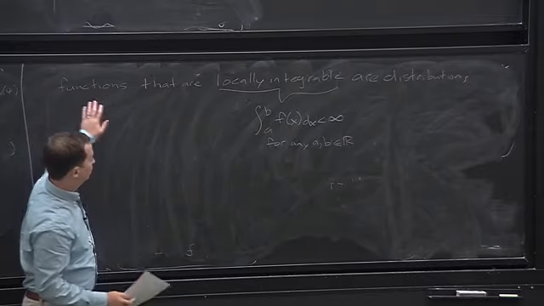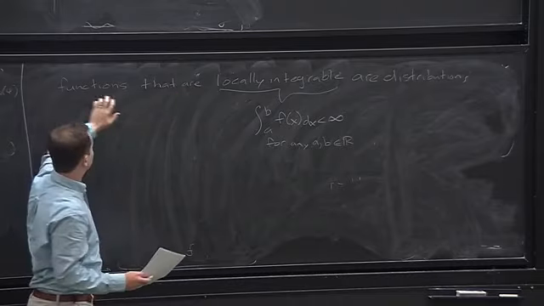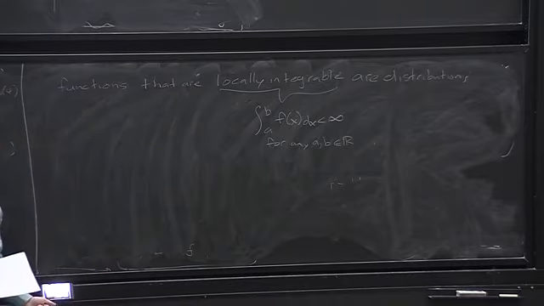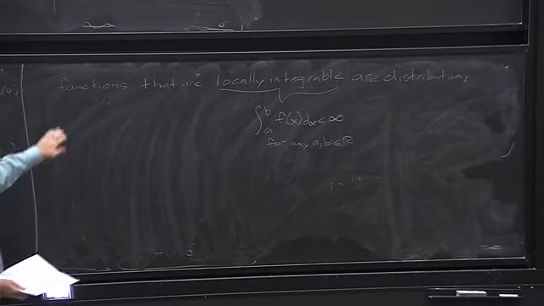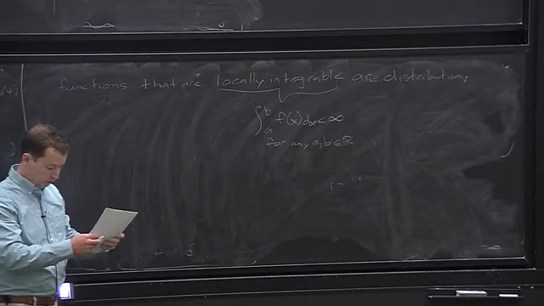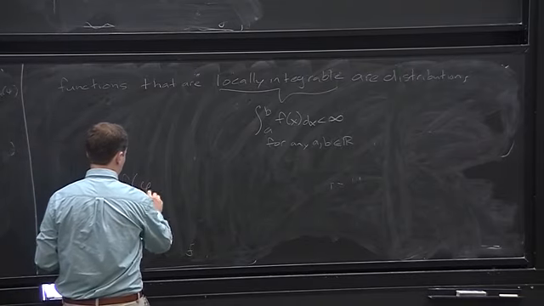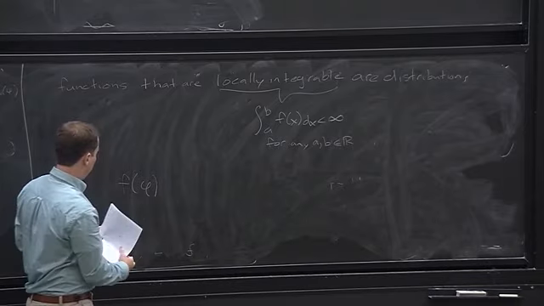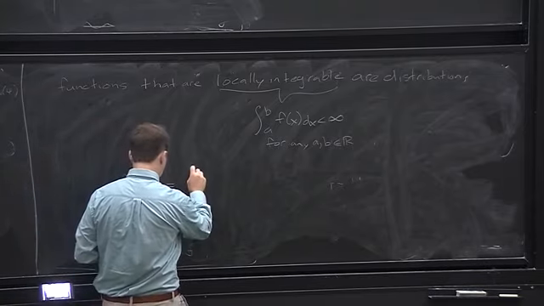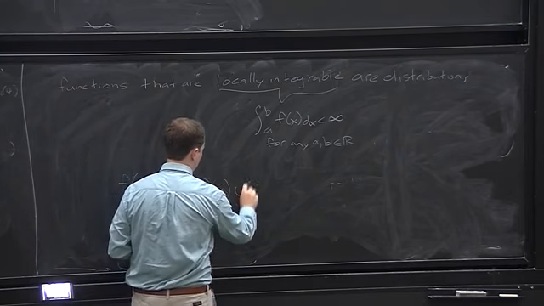I'll often, and most people often, slightly abuse terminology. We'll say these functions are distributions. A more precise way to say it is that locally integrable functions induce distributions. And what that means is that if we want to act with a locally integrable function on a test function, it's just defined to be the integral of f times phi.